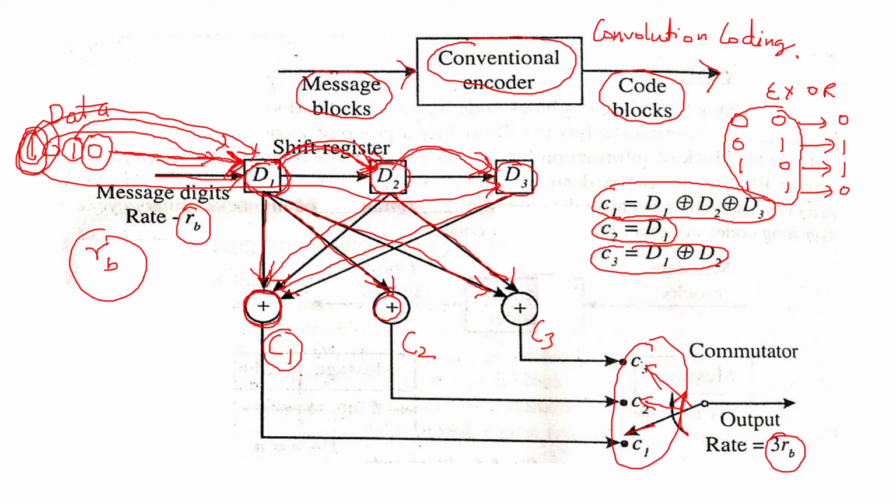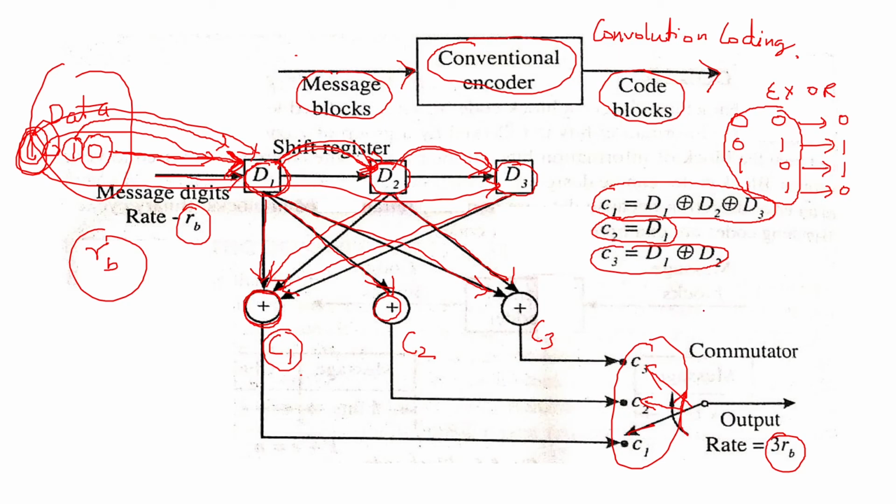Okay, C1, C2, C3. So for every 1 bit entering, you will get a 3-bit output. So with the information you have here, by doing these logic operations and modulo 2 operations, you are going to have a different output, which will be a convolutional coding block, whatever you get at the output.